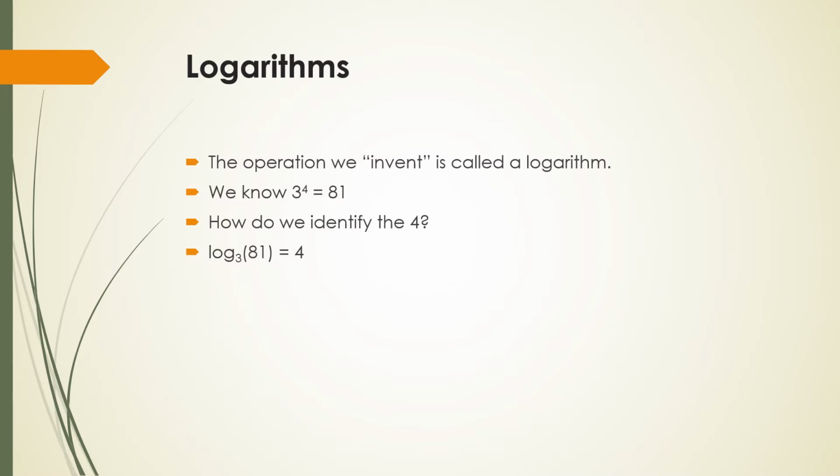A logarithm answers the question, what is the exponent? So you got to remember, the answer to any logarithmic problem is the exponent. Because that's what we want to know, and that's what we're going to work with. You can read it: the logarithm of 81 base 3 equals 4.